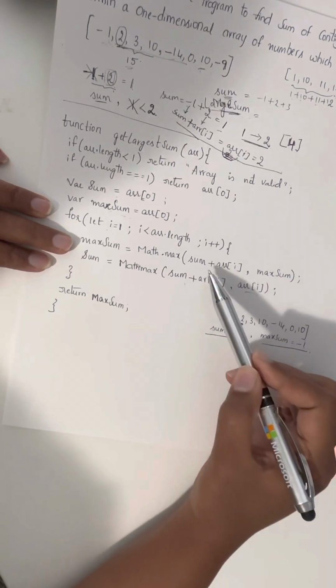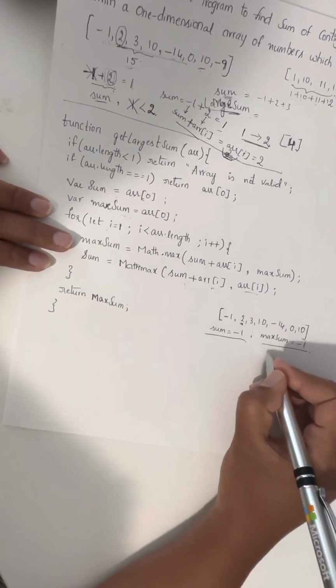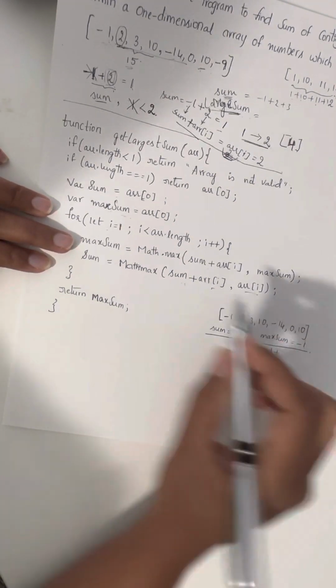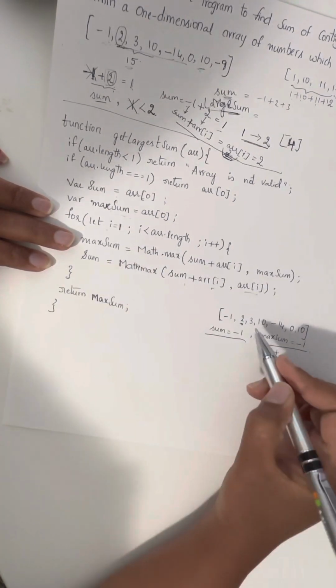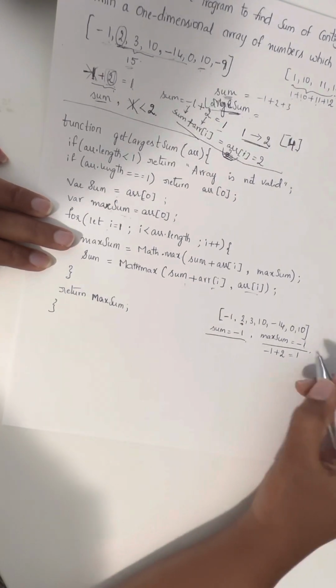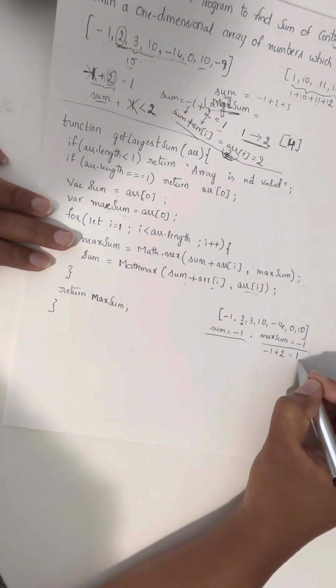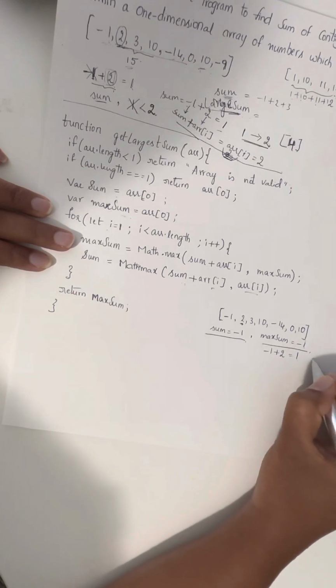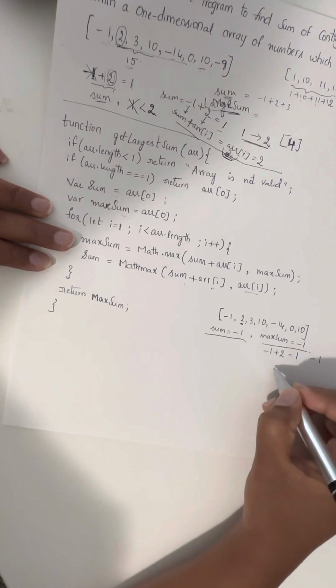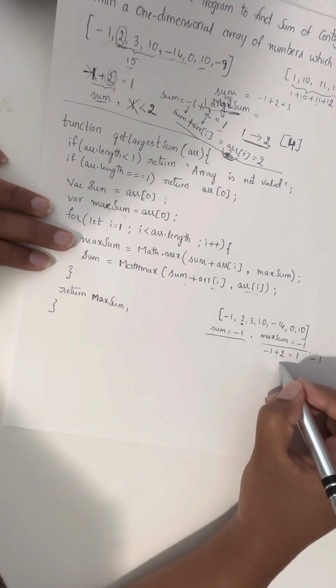Here we are comparing sum plus array of I, which is -1 plus array of I, the index is 1 now, so that's 2, which becomes 1. We are comparing this 1 with the -1.